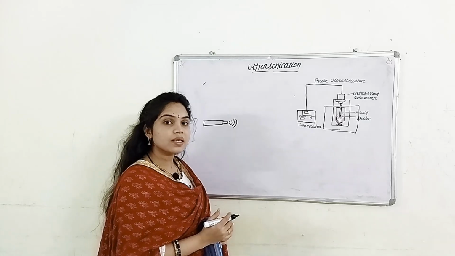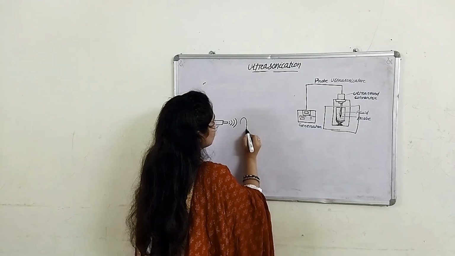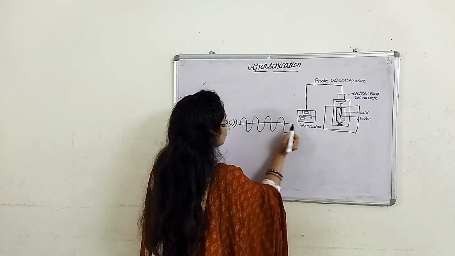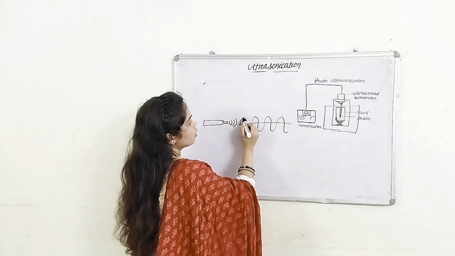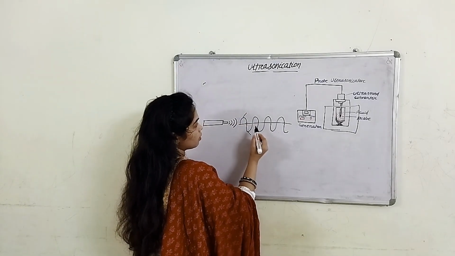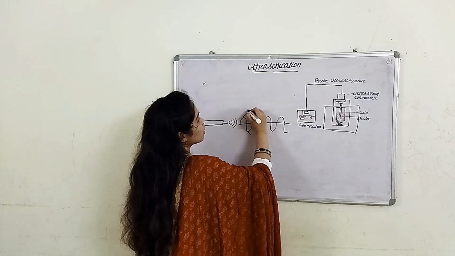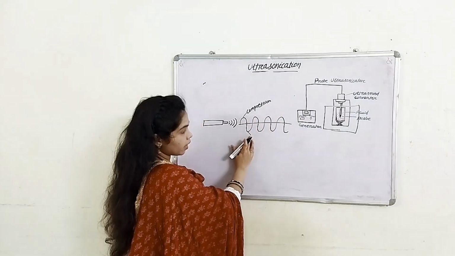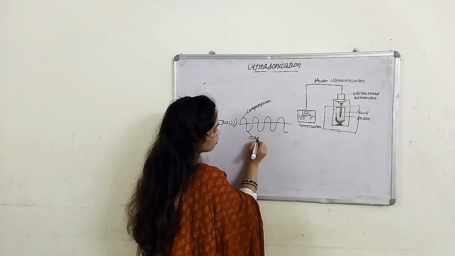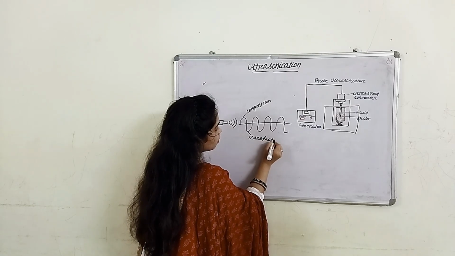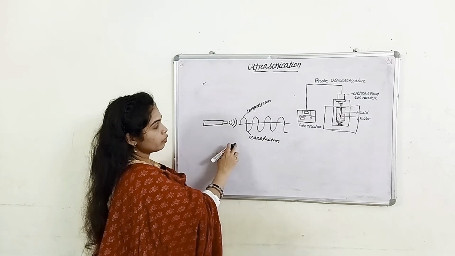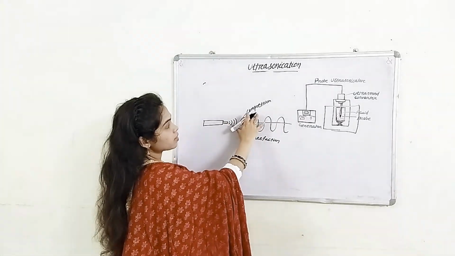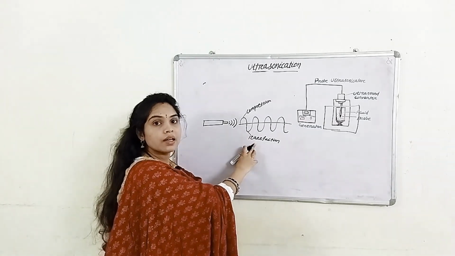This sound wave comprises high pressure and low pressure cycles. The high pressure cycle is called compression and the low pressure cycle is called rarefaction.